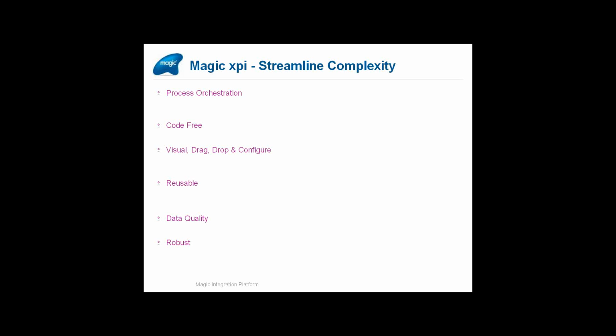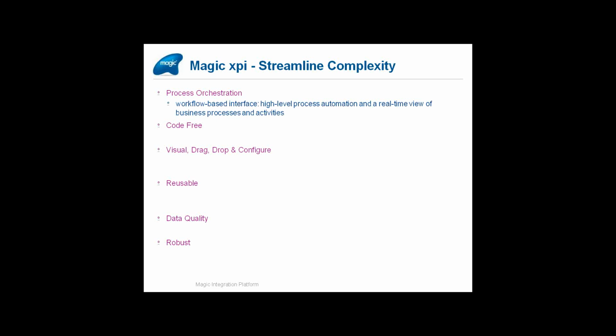So just to quickly summarize the capabilities of an integration platform like MatchIT XPI, that allows you to do process orchestration, to do it in a code-free manner, to do it visually, to take advantage of the reusability of business processes and services in a service-oriented architecture, to add data quality checkpoints throughout your integration processes, and to do so in a highly robust fashion, one that is very scalable, built on the principles of in-memory architecture, and so on.